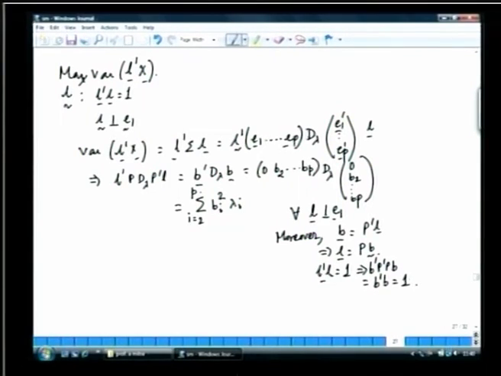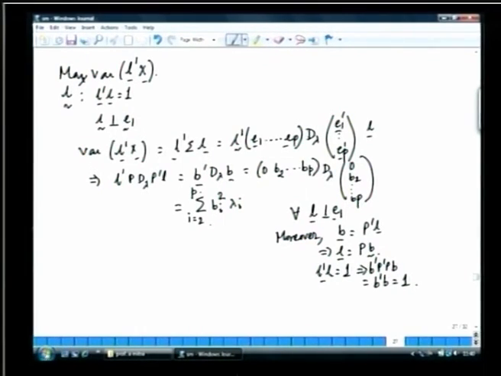So, the whole condition structure can be reduced to this fact that I have to maximize variance of L prime x subject to L being orthogonal to E1 and L transpose L equal to 1.